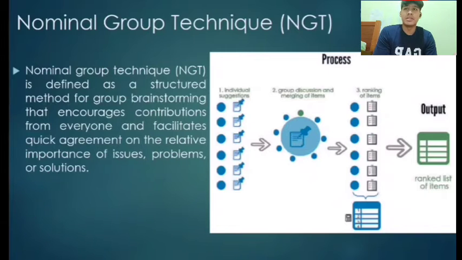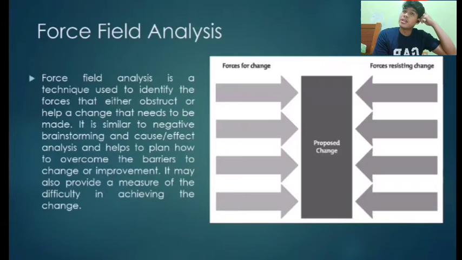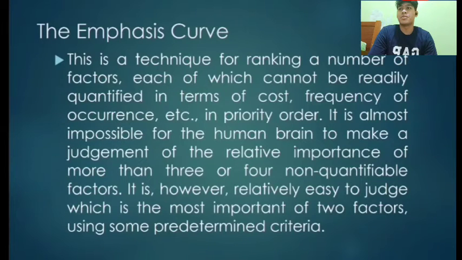Next, we have force field analysis. Force field analysis is a technique used to identify the forces that either obstruct or help a change that needs to be made. It is similar to negative brainstorming and cause and effect analysis and helps to plan how to overcome the barriers to change or improvement. Next, we have the emphasis curve.